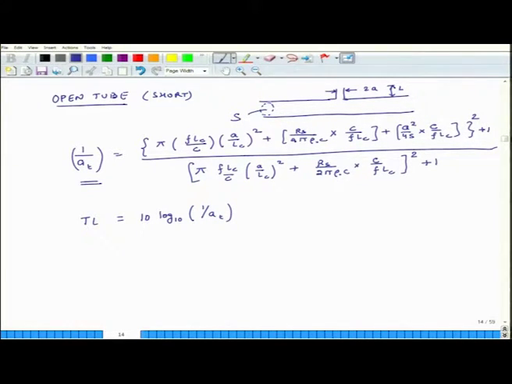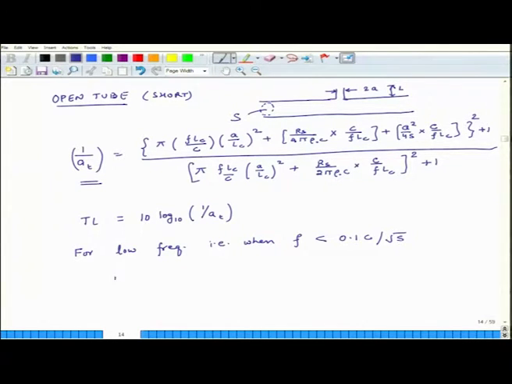Now, if frequencies are small, and when I say small, I say it in a particular context. So, we will explain that for low frequencies, that is, when frequency is small compared to 0.1 C divided by square root of area, where this is the cross sectional area of the pipe, then I can make some approximations in the numerator and denominator, and the expression becomes much more simple.